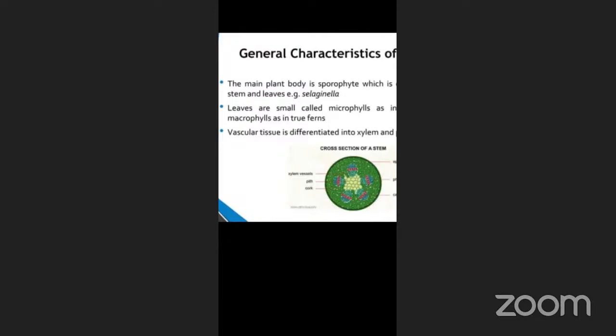The Pteridophyta has well developed root, stem and leaves, but in the Bryophyta the plant body is only thalloid. Yes or no? You remember that from the last class. Is it clear? Yes, sir. So here the Pteridophyta is completely differentiated into root, stem and leaf. But in the Bryophytes there is no such structure, only the thallus, meaning foliage-like structures are present.